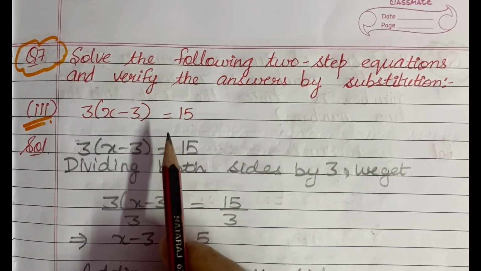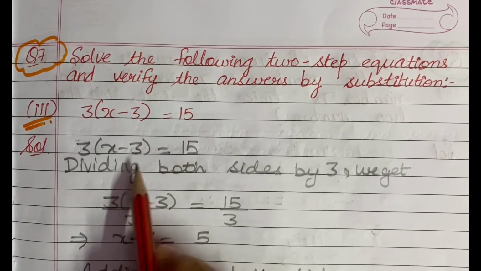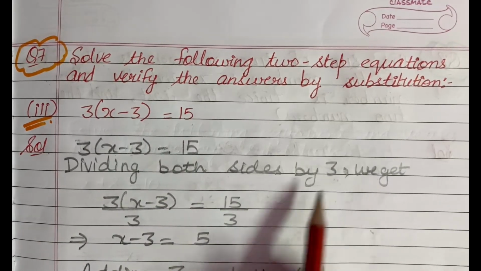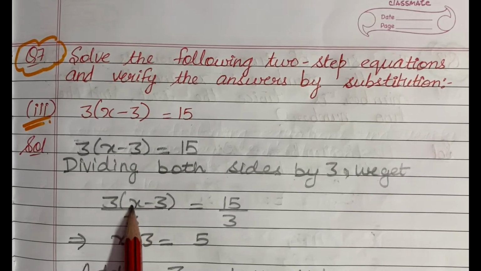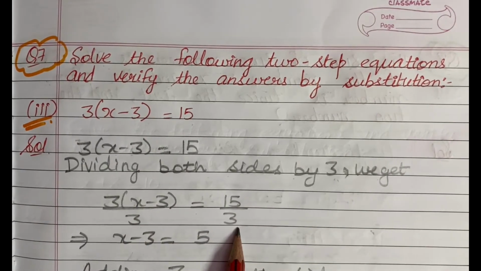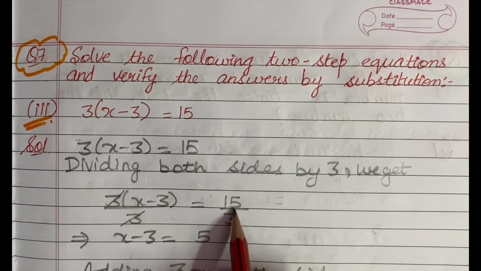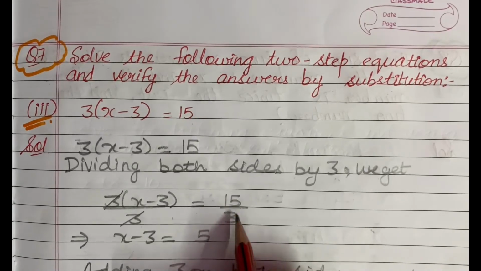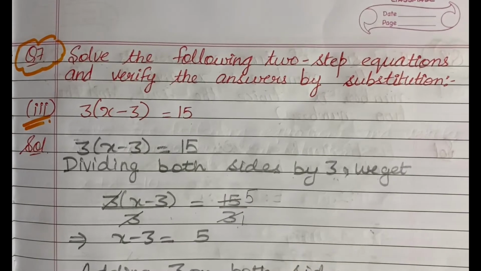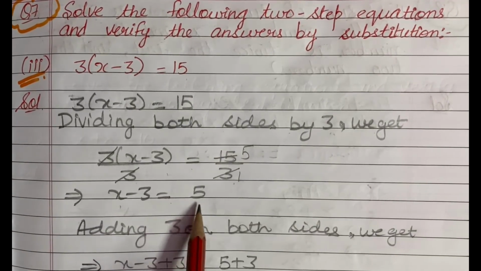Now students, in order to be left with x only on the left side, firstly we will divide both sides by 3, and on doing so we will get 3 multiplied by x minus 3 upon 3 is equal to 15 by 3. Now on solving this, 3 and 3 will be cancelled out, and in the right hand side this 15 and 3 will be cancelled out. 3 ones are 3, 3 fives are 15. So on solving this we will get x minus 3 is equal to 5.